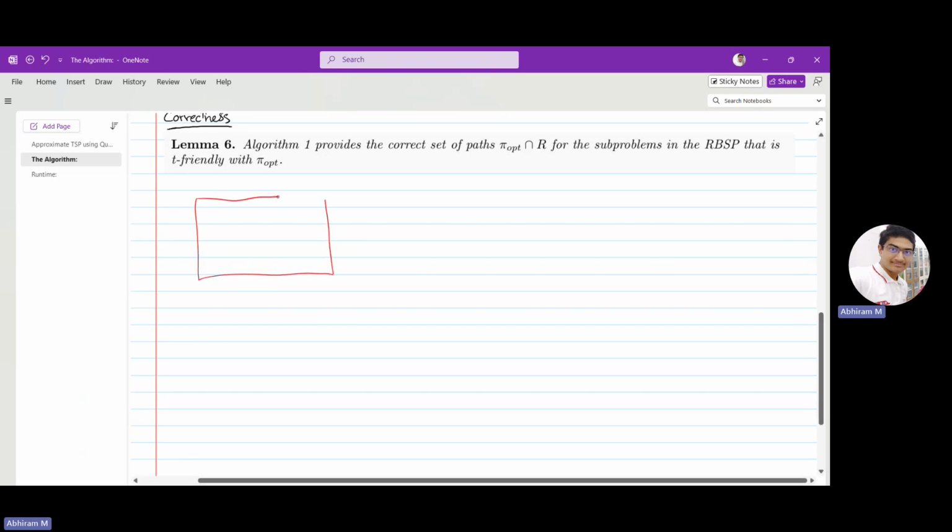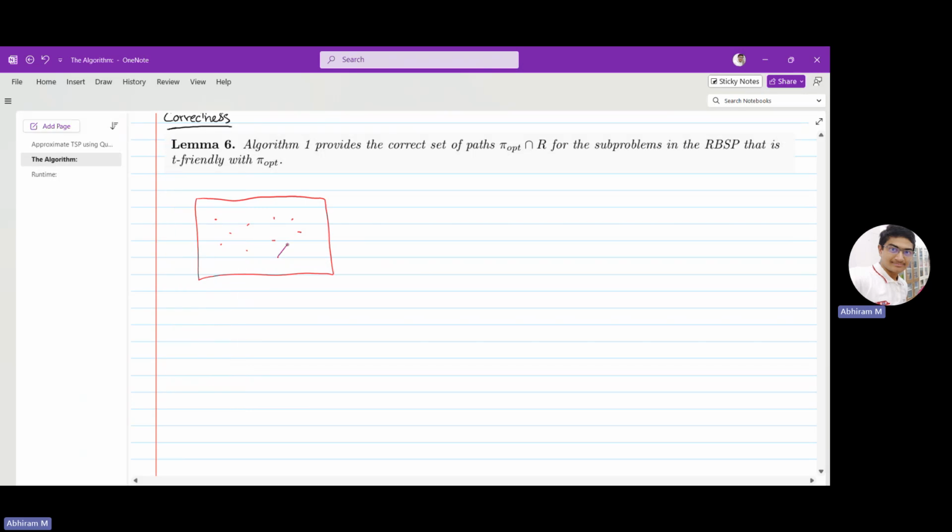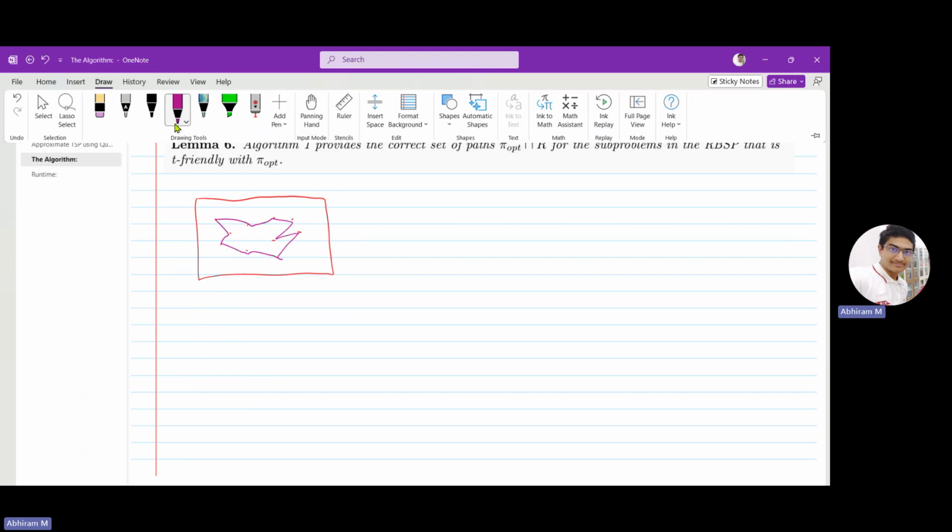Let's have a quick drawing of our point set. And I think I'd used purple for the tour before, so I'll just stick with that, right? Yeah, this is a good TSP tour.